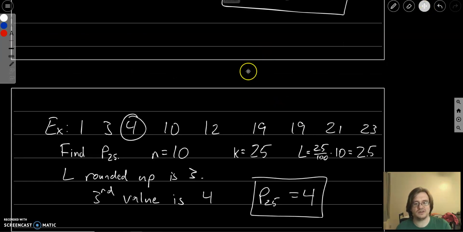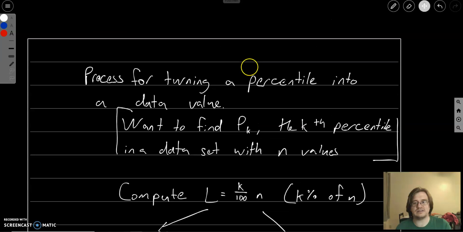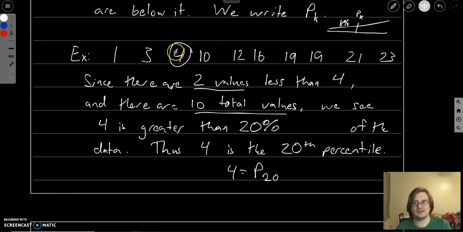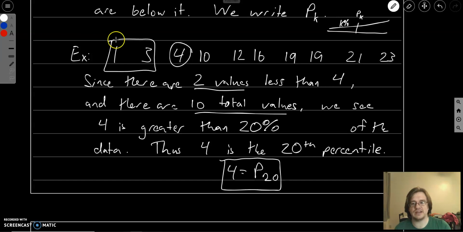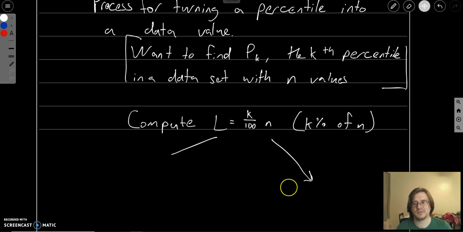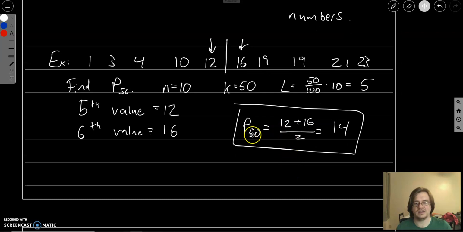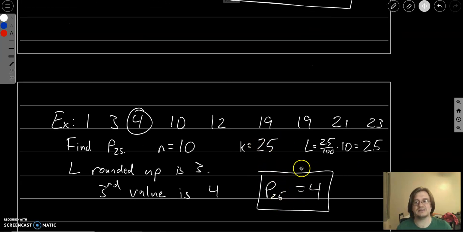P25 is 4, but before, when we calculated the percentile for 4, we said that 4 was the 20th percentile. And this is where things get a little bit murky, but essentially, 4 is bigger than 20% of the data. 10 is bigger than 30% of the data. So we can talk about P20 and P30. For anything in between, we'll just stick with the smaller number. So 4 will be P20 and P25.